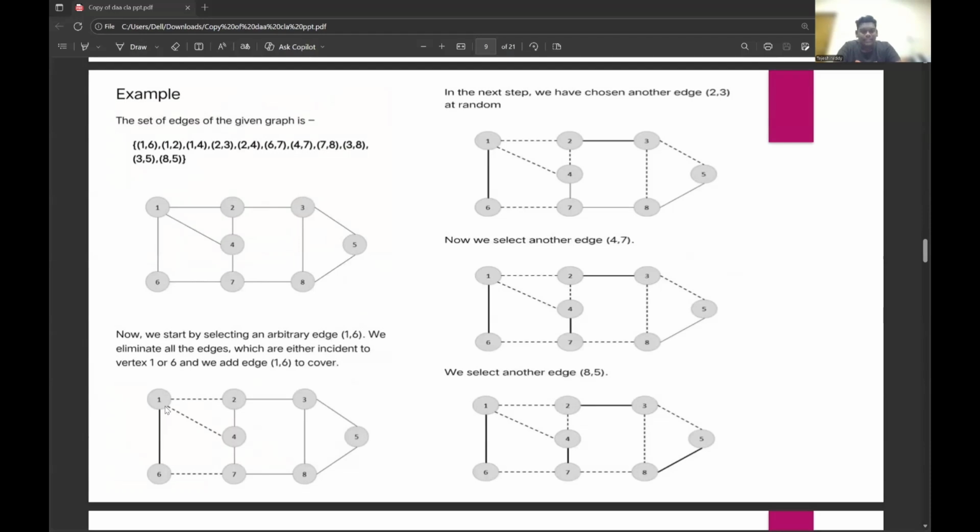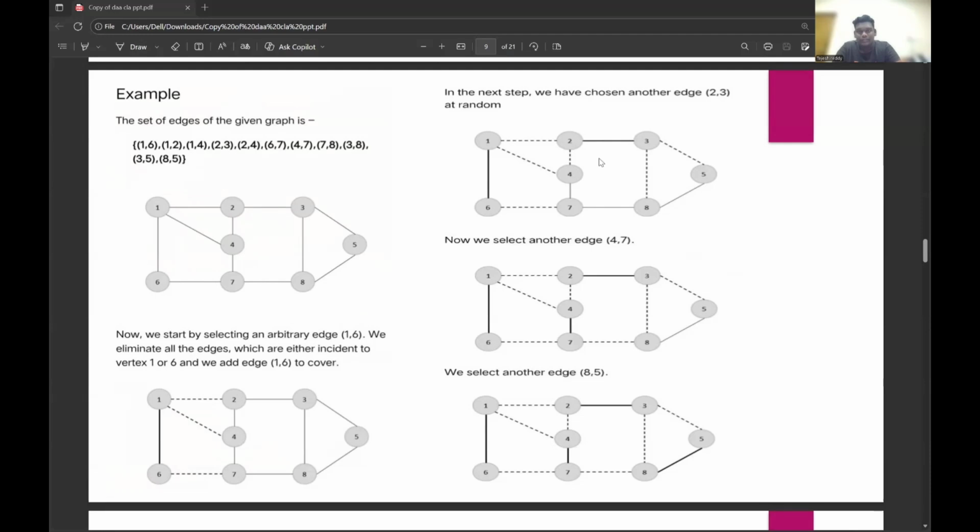So I have taken 1 and 6, so that vertices 1 and 6 are covered by this edge. After that, I have taken 2, so that 2 is connected with 4, 3, and 3 is connected with 5 and 8. So if I take 2 and 3, the vertices are covered by this edge.